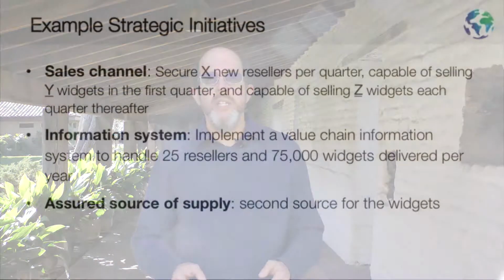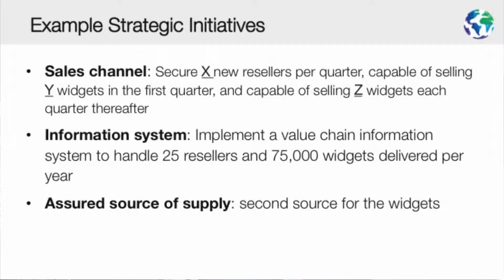So here on the screen you can see some example strategic initiatives. Yours will look similar in form, but probably very, very different in content. So you can see one around securing more resellers is a sales channel kind of initiative that would allow expansion. Maybe it's an information system that you need to implement that's going to give you the capacity to take your business to that next level of scale.